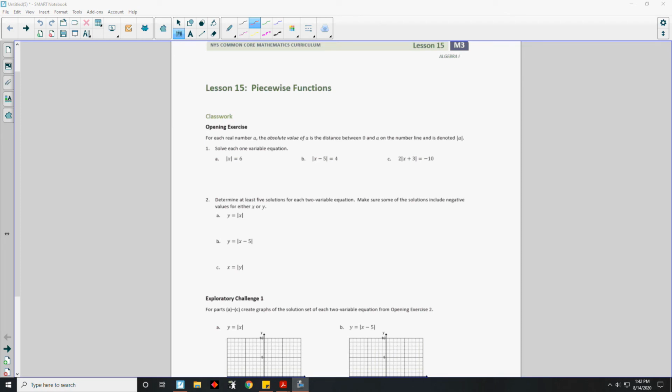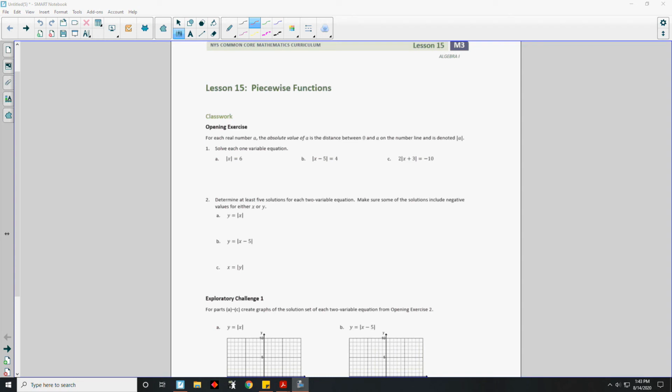Okay, let's recall that the absolute value of a number is the distance from zero of a point on the number line. Because distance is being measured, the absolute value of a non-zero number is always positive. For example, the absolute value of negative 3 equals 3, because the point negative 3, located 3 units to the left of 0 on the real number line, is 3 units away from 0.